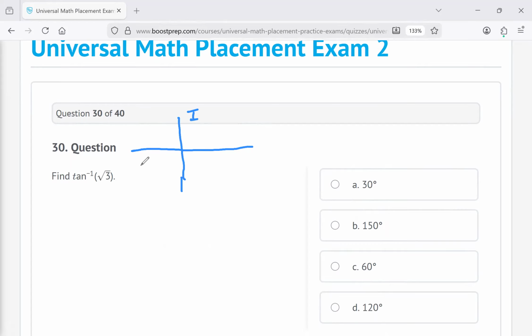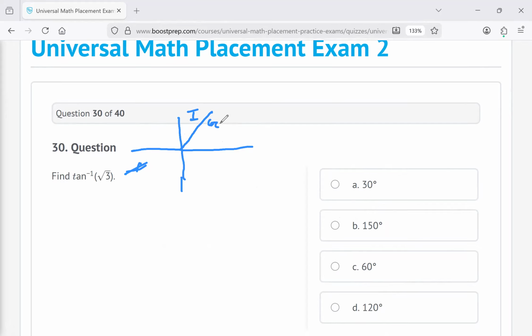I mean, tangent is positive in 3, but the inverse tangent doesn't go above 180, right? So we don't have to worry about 3 or 4. So it looks like our only quadrant is 1. So I think it might be 60 degrees. This is how I know.